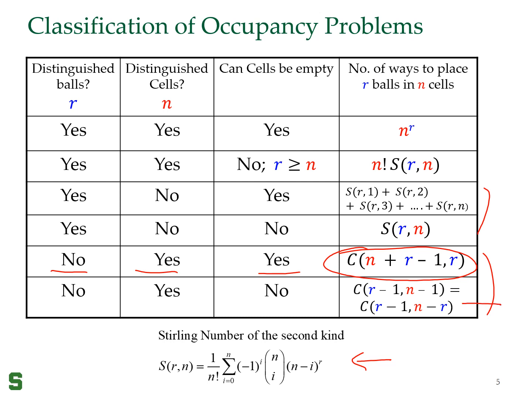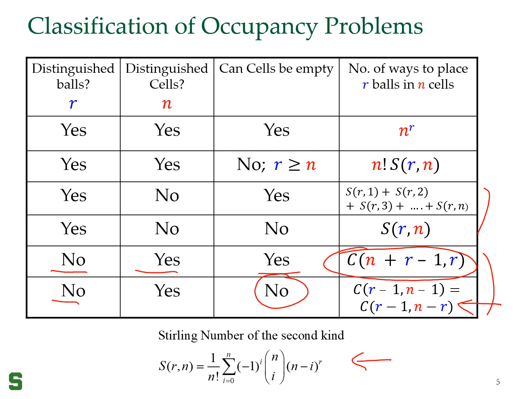This is something that you should be able to derive on your own if you think about it a little bit. And the way to think about this is, if the cell cannot be empty, then you put one ball in each cell. The balls are not distinguished, so it doesn't matter which one you put where.